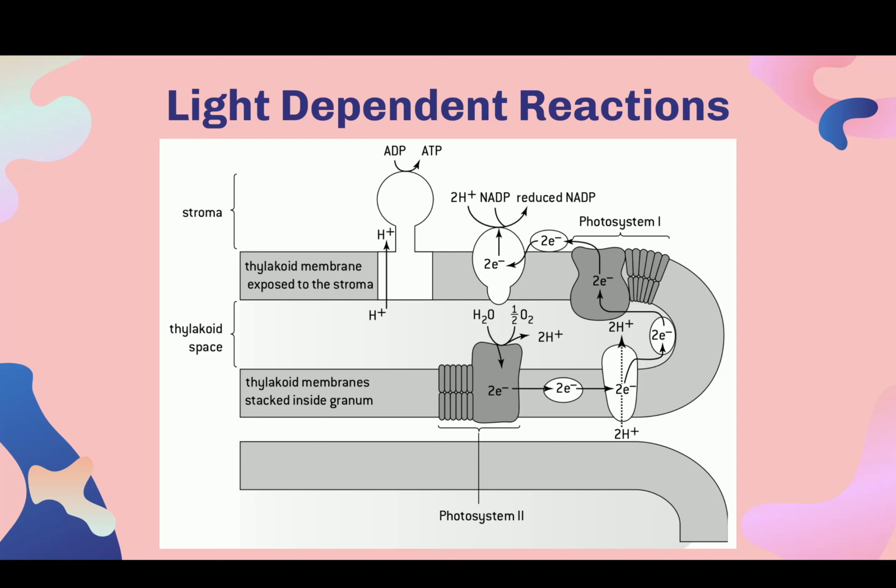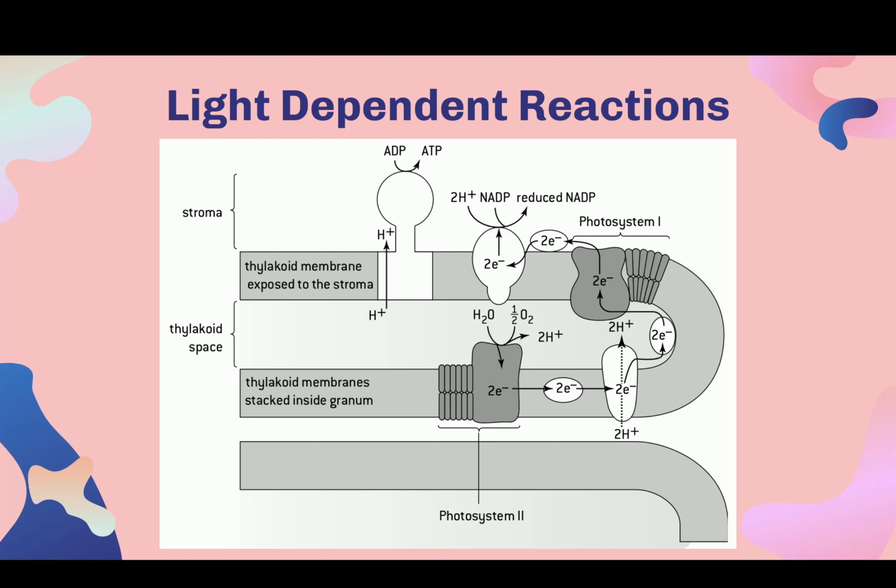The reason they push further into the thylakoid space is to create enough concentration and enough activity within the thylakoid space to push through the ATP synthase and move it so that ATP can be created from ADP. That's the entire process, if that makes sense.